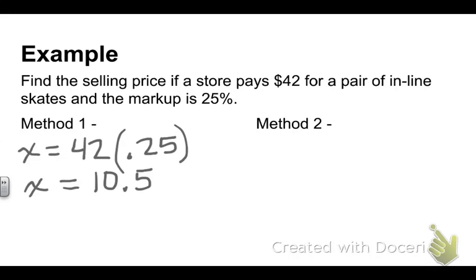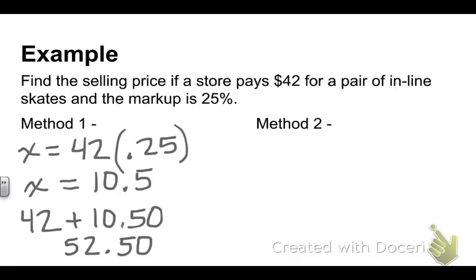But that's not our answer, that's just the markup. What was the original price, what they paid? They paid $42 and they are going to mark it up $10.50. That's their profit. So what they are going to sell it for in the store is $52.50. Even though it's over $50 for a pair of skates, the store is only making $10.50 on it.